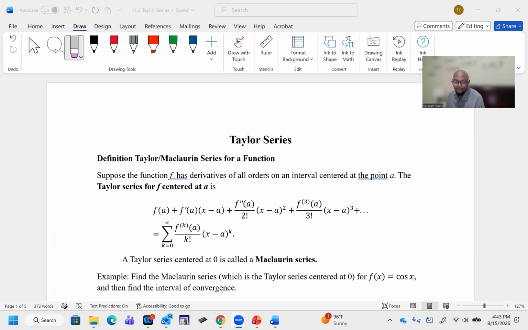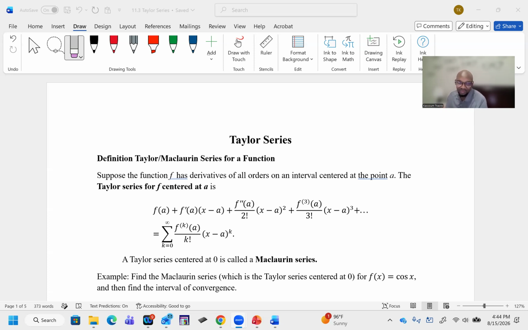The Taylor series for f centered at a is f of a plus f prime of a times x minus a, plus the second derivative of f at a divided by 2 factorial times x minus a squared, plus the third derivative of f at a divided by 3 factorial times x minus a to the power of 3, plus and so on, which gives us the sum from k equals 0 to infinity of the kth derivative of f at a divided by k factorial times x minus a to the power of k.